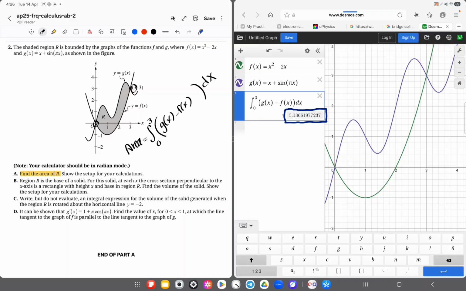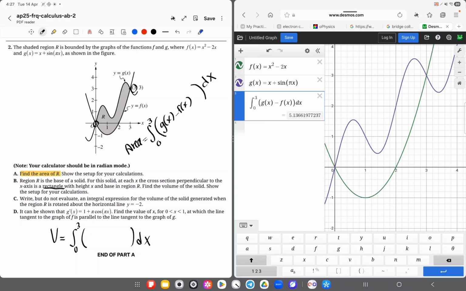Now it says for part B, region R is the base of a solid where it's a cross section and they want the volume. So volume in a cross section, no pi. You don't put pi. Okay, from 0 to 3, you're gonna find the area of something and you're gonna integrate the area. This something is called a rectangle, right?